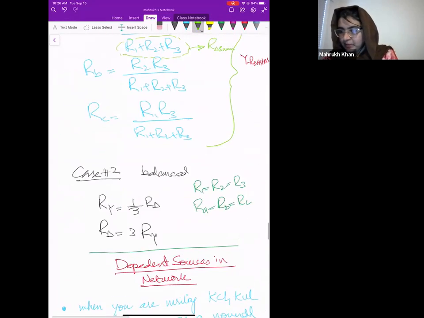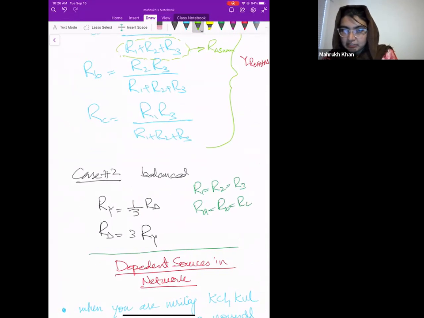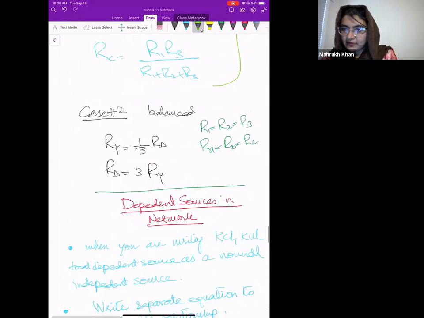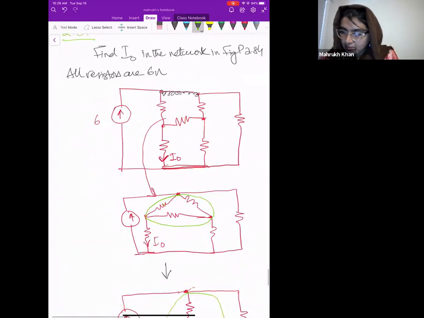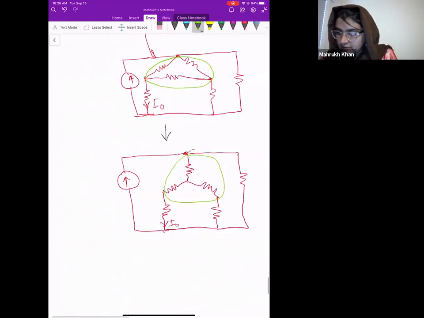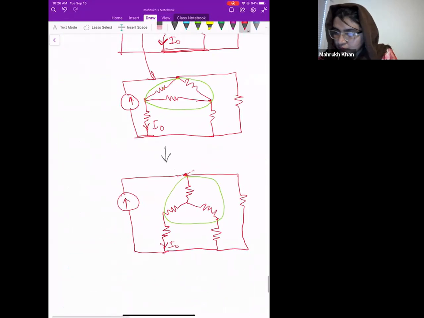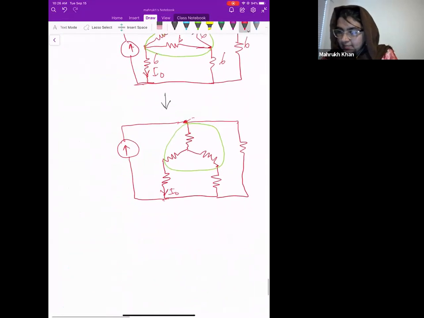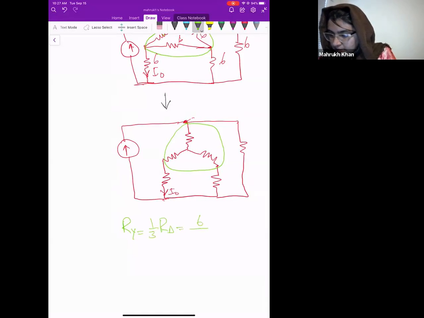If you know the delta resistor, you can find the Y resistor by 1/3, okay? So we know that these resistors were 6 ohms, but we need to find what the Y resistor will be, which will be 6/3 equals 2 ohms.